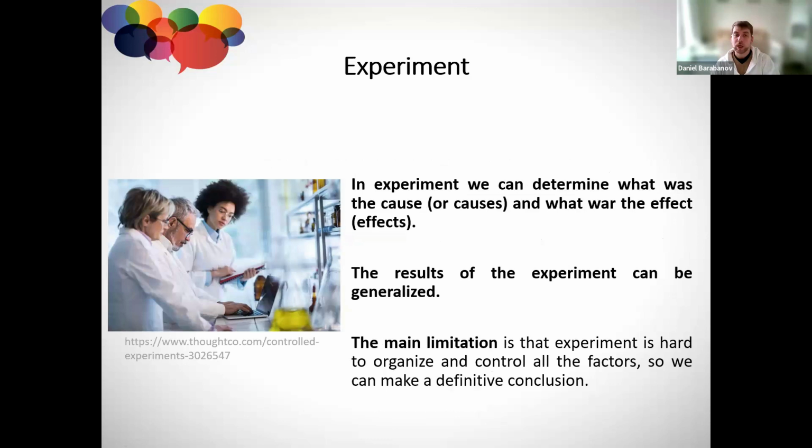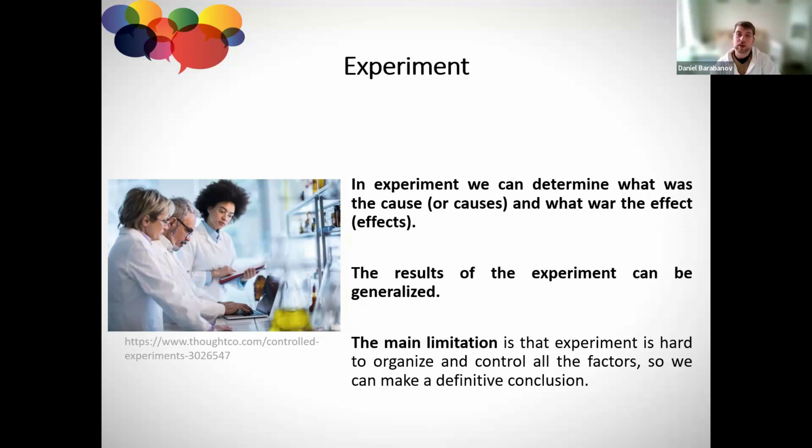So the main advantage of the experiment is that it can show what is the cause and what is the effect. And because of that, the results of the experiment can be generalized, which is, again, very important for us as researchers and practitioners who try to implement the results of other people's research into their practice, right?